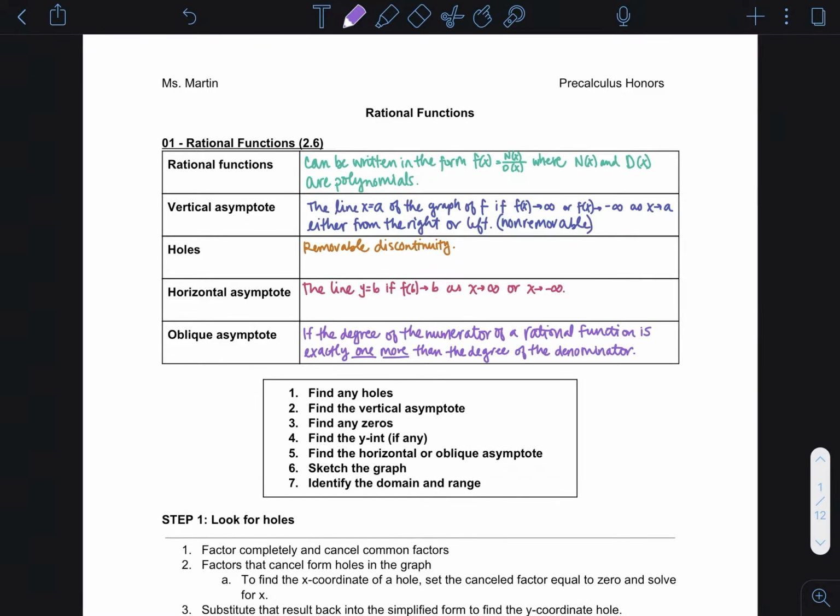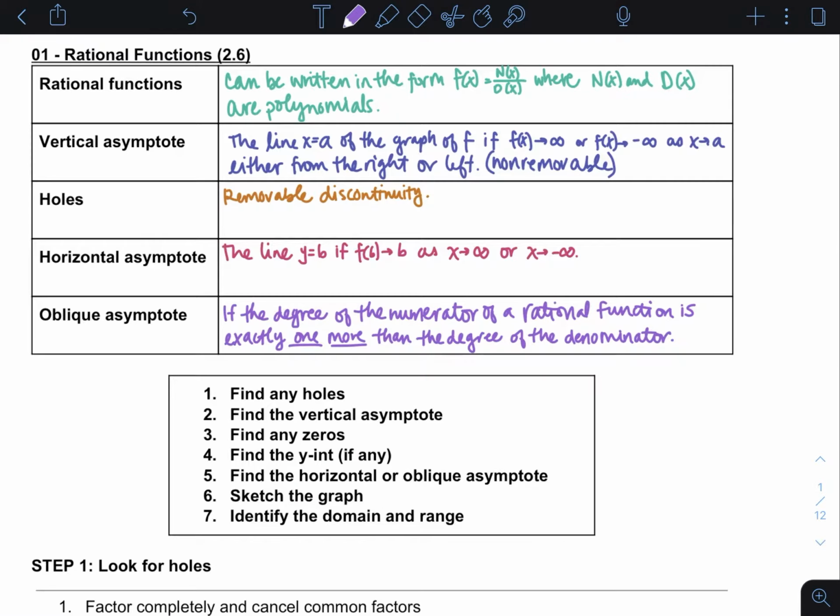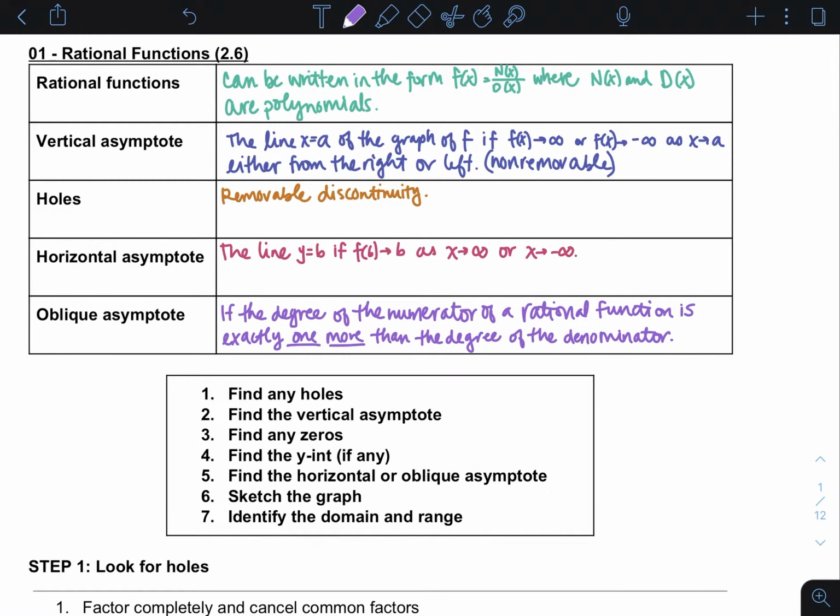And lastly, oblique asymptote. An oblique asymptote occurs if the degree of the numerator of a rational function is exactly one more than the degree of the denominator. So for example, something such as x squared plus 2x plus 1, that's a second degree polynomial, and then at the bottom we have x plus 1.